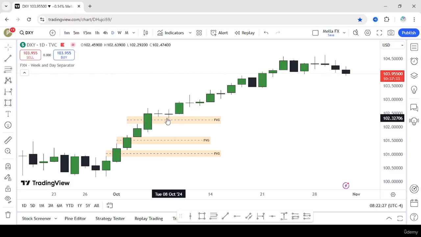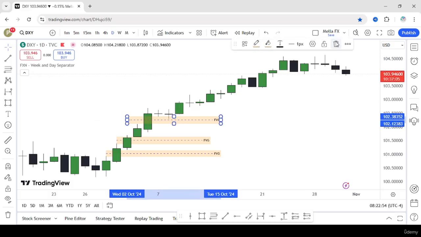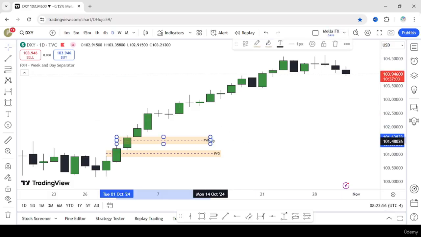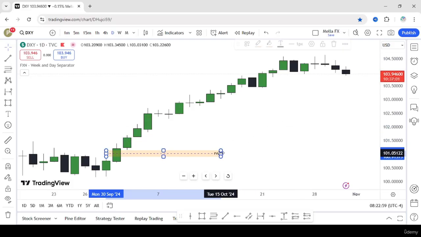For smart money concepts, the fair value gap acts in price action as a support. We can see here that the market retested, found support, then continued higher. So it may act as support or resistance.